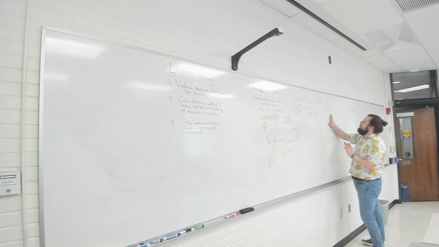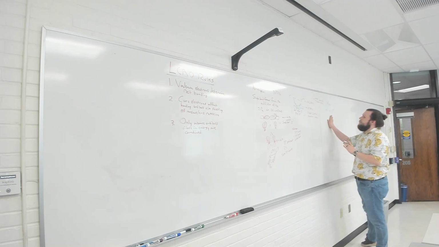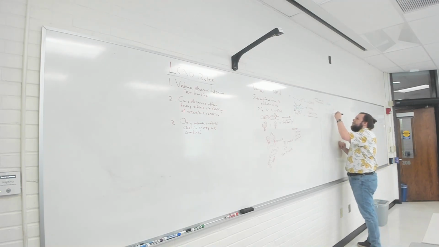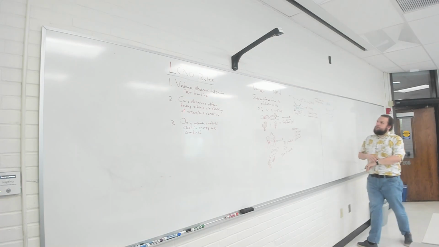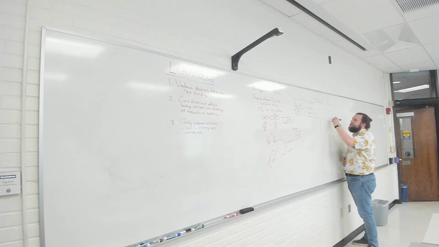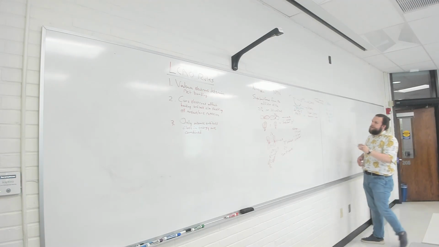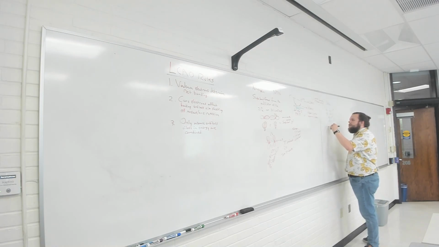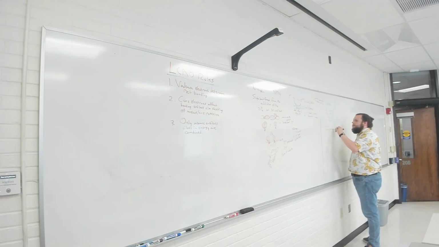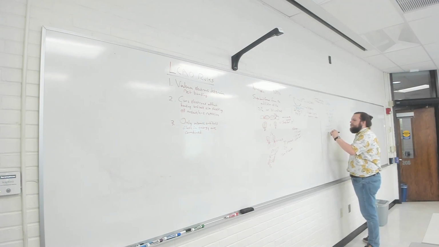Notice that, oops, sorry, I have that the wrong way. I apologize. No, that's right, sorry. This is the pi, sigma star, and sigma. This is what the frontier orbitals of oxygen look like, and these are all filled up. So compared to nitrogen, we have an extra two electrons in an antibonding orbital.